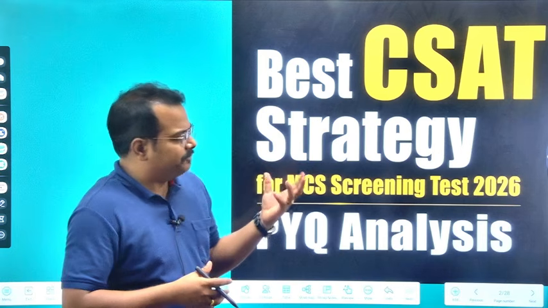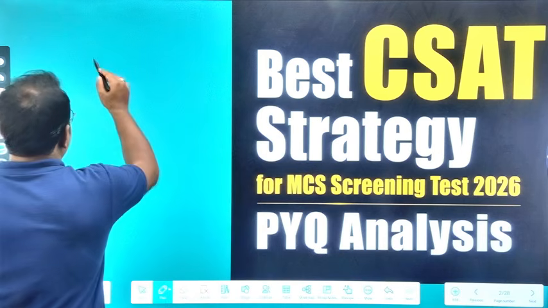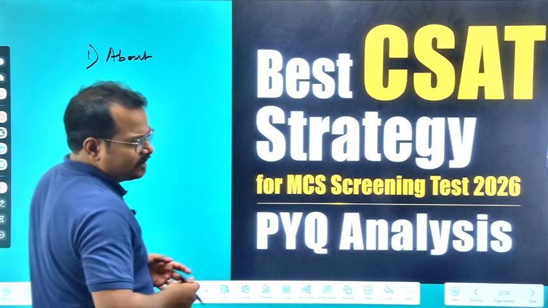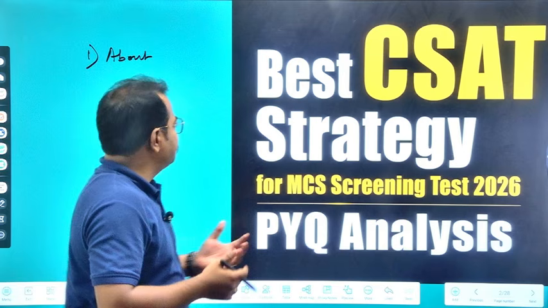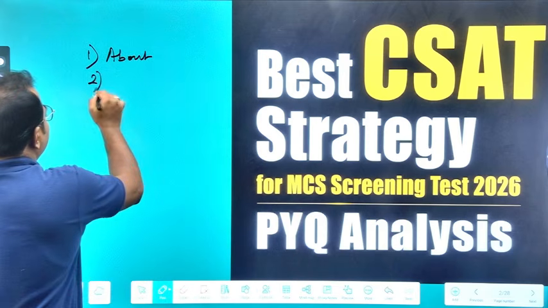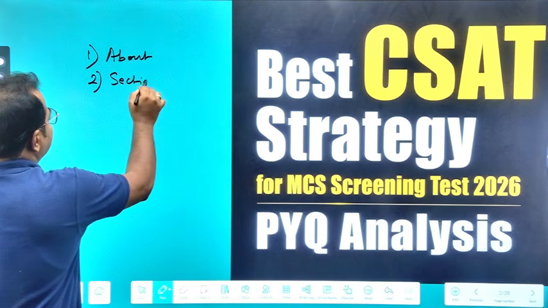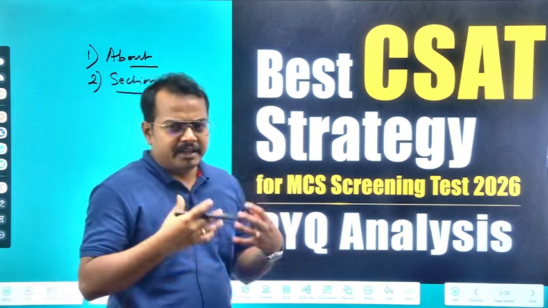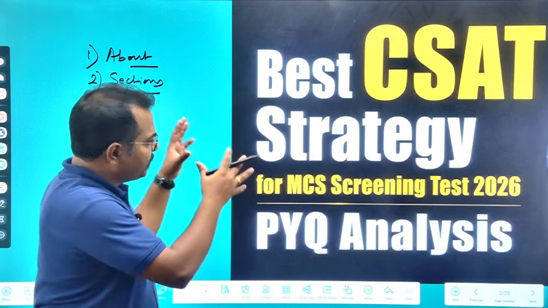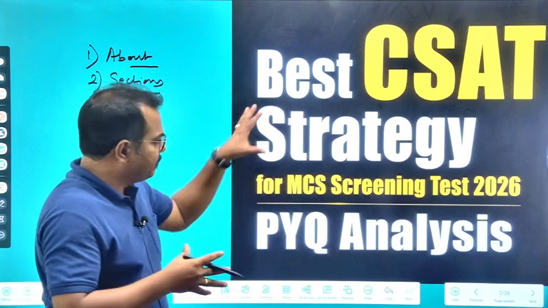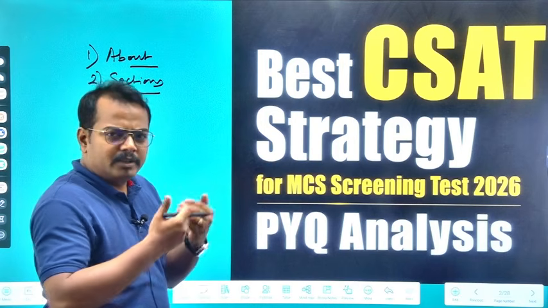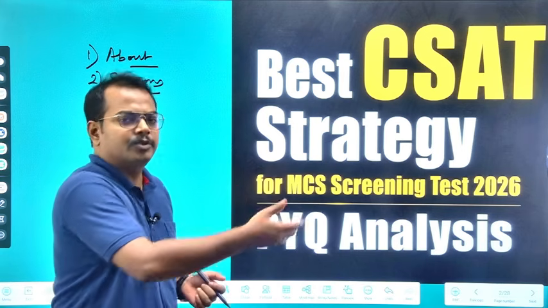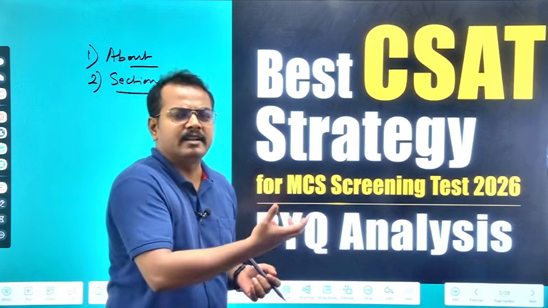So basically first I will tell you what this CSAT paper is, and then I will tell you what the different sections present in this paper are. In order to make you understand, I have brought the previous year questions and placed them. So all of today's class will be based on the PYQ, and you will also get a good analysis of your PYQ.